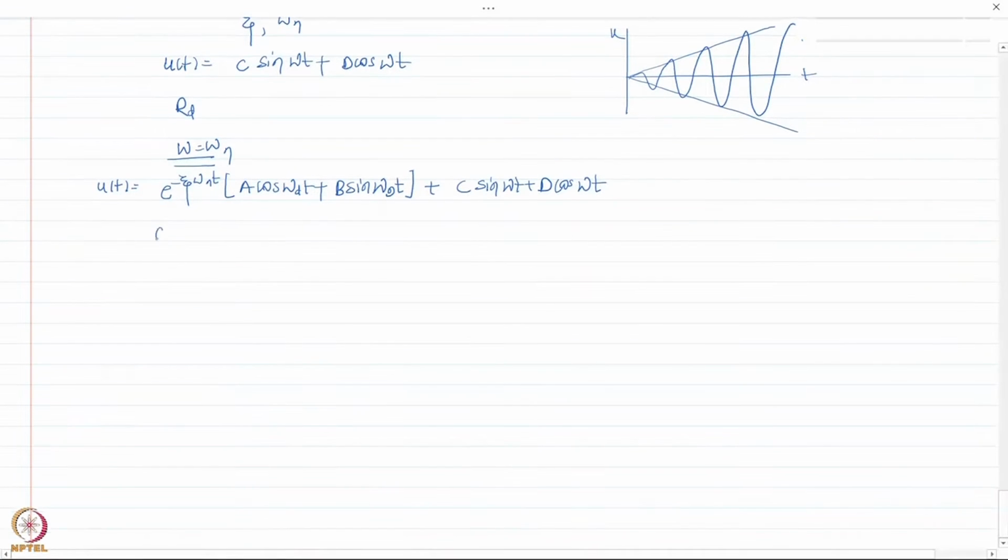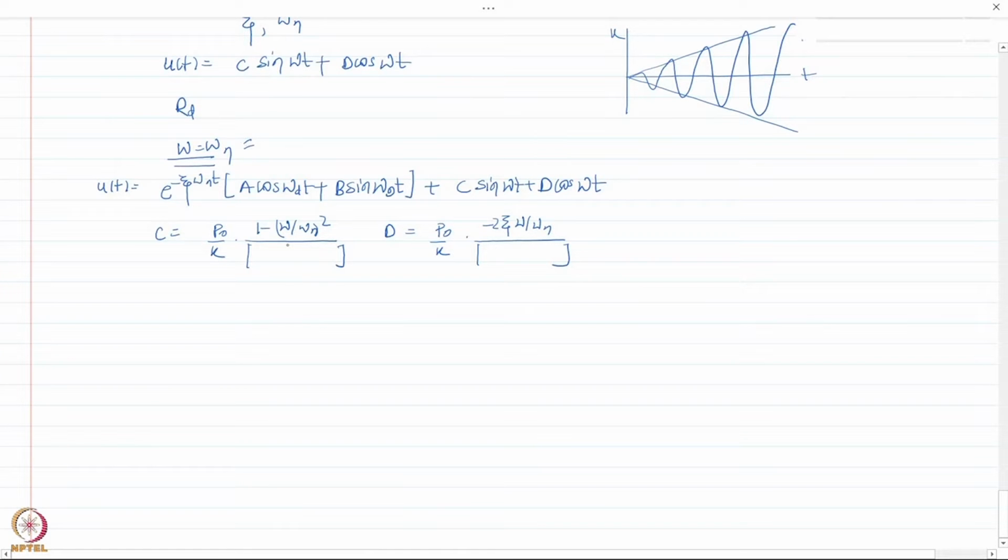The expression for C is nothing but p naught by k, times 1 minus omega by omega n square, divided by the whole term here. And then D is also similar to this. However, in the numerator I have minus 2 zeta omega by omega n, and then I have the same denominator here.